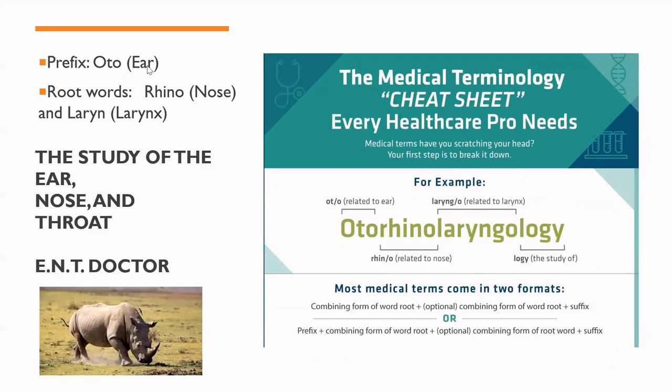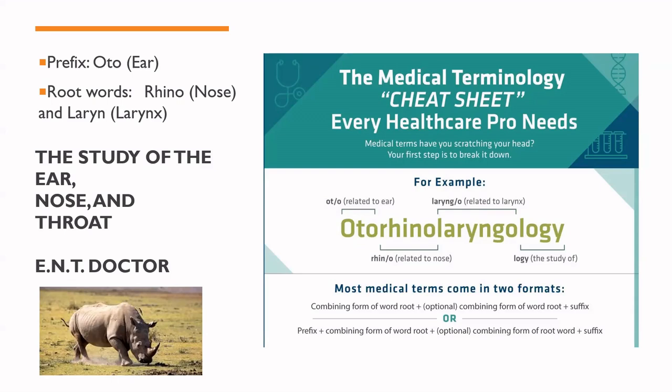So with the prefix ear, root word nose, and larynx, it's the study of the ear, nose, and throat. So you may have never seen that word before, but have you heard of an ENT doctor? Well, now you know. An ENT doctor is an ear, nose, and throat doctor.